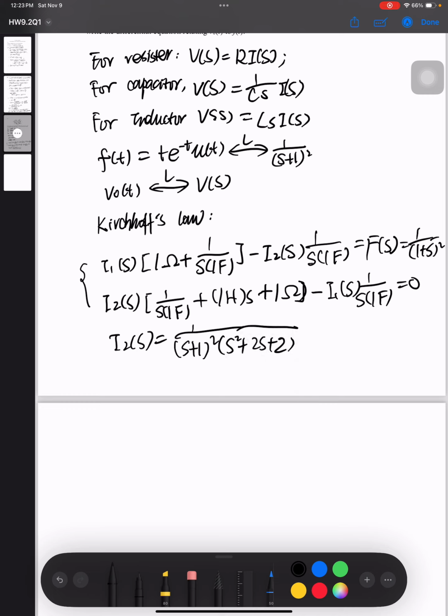So we write this into two parts, right? k1 over (s plus 1) squared plus (k2 s plus k3) over (s squared plus 2s plus 2). And we use the cover-up method.